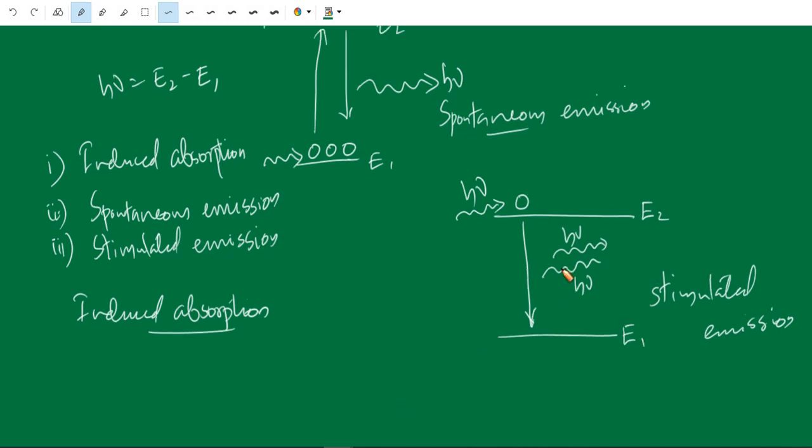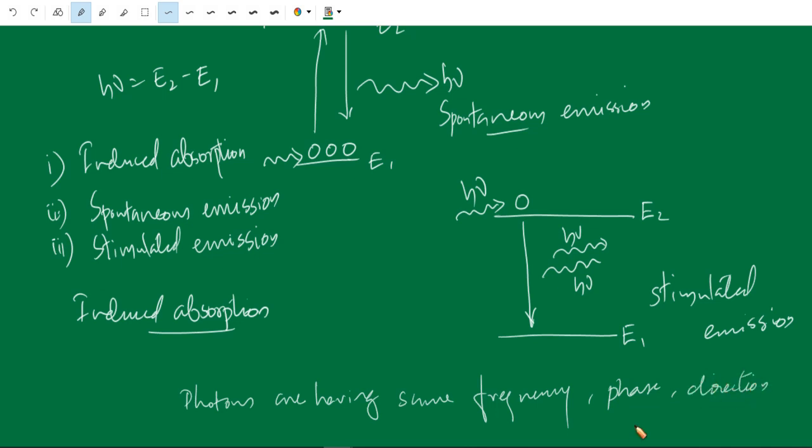In stimulated emission, the emitted photons have the same frequency, phase, direction, and polarization also. So the photons are said to be coherent, or the radiation is said to be coherent.